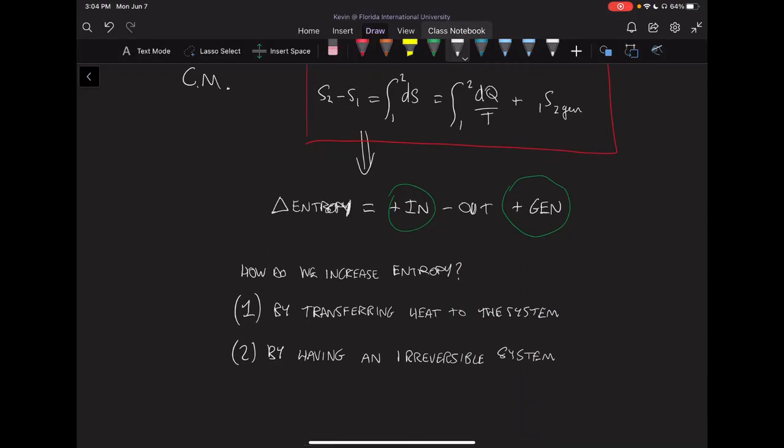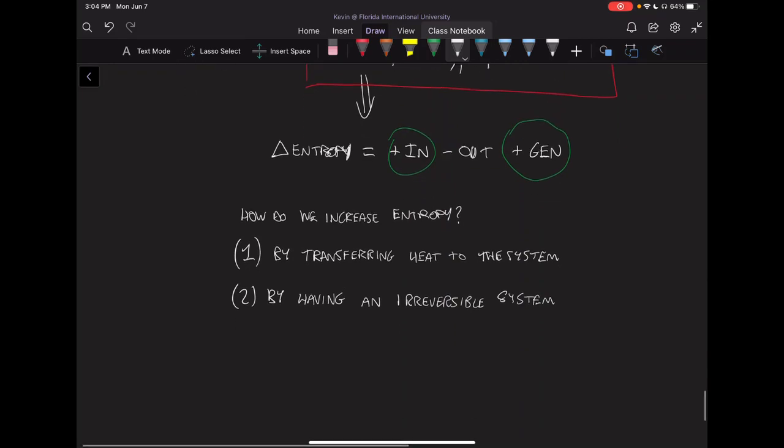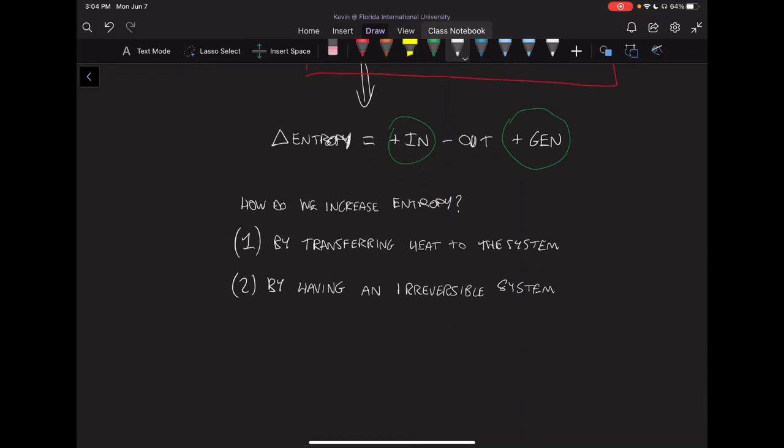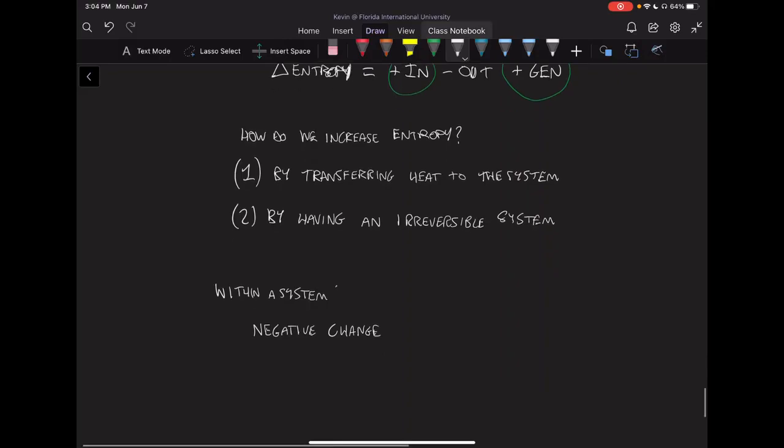How do we get a negative change in entropy? A negative change in entropy within a system, we can have by doing the following.